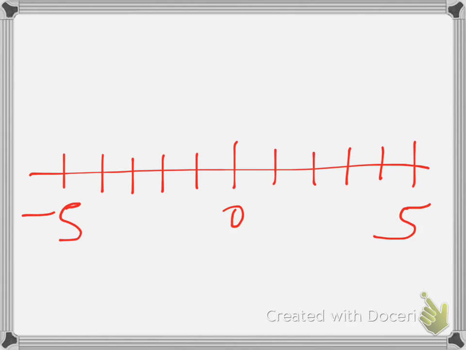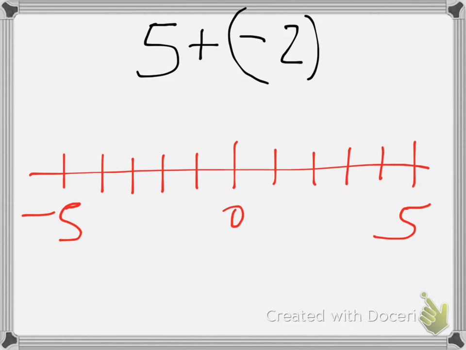We'll go to negative 5 here. In this case, if we were to give ourselves a different example, like 5 plus a negative 2, we're going to see something a little bit different than what we've seen before.